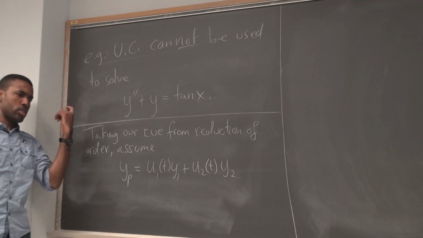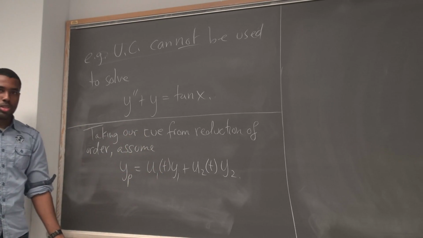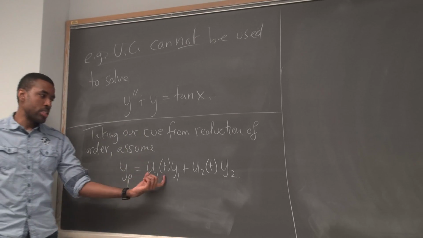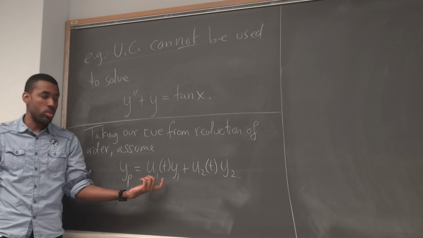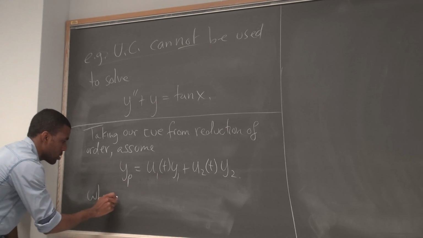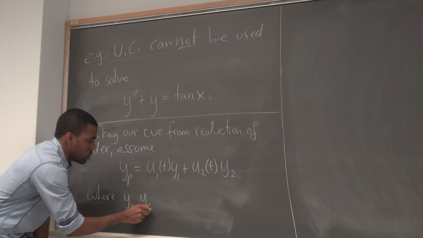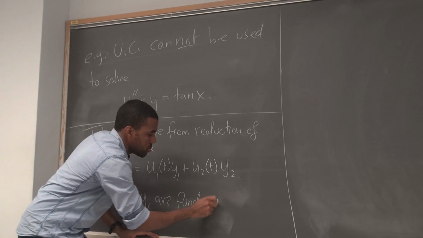We know if we had a first solution, we assumed that the second solution was a function times the first one. We're sort of going to do that here, right? So this is why it's called variation of parameters. Your parameters here can now vary. We don't assume they're constant, right? Where y1, y2 are fundamental solutions to the homogeneous case.